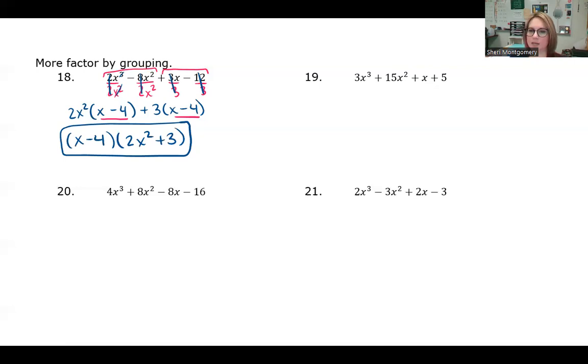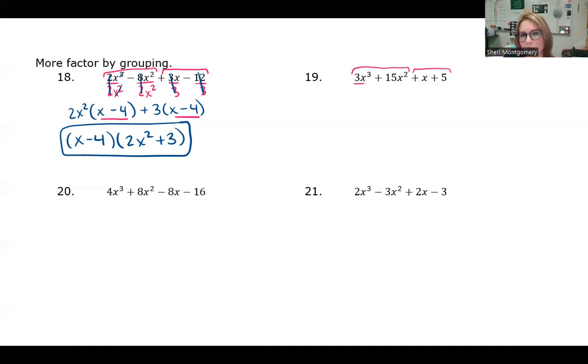For the next one, remember that we always want to scan through and check for a GCF. Usually if there is a GCF, a lot of times it's that leading term, but not everything is divisible by 3. So this one doesn't have a GCF, but I can still break it up. Anytime you have 4 terms, you're factoring by grouping. So I'm going to look at my first group.